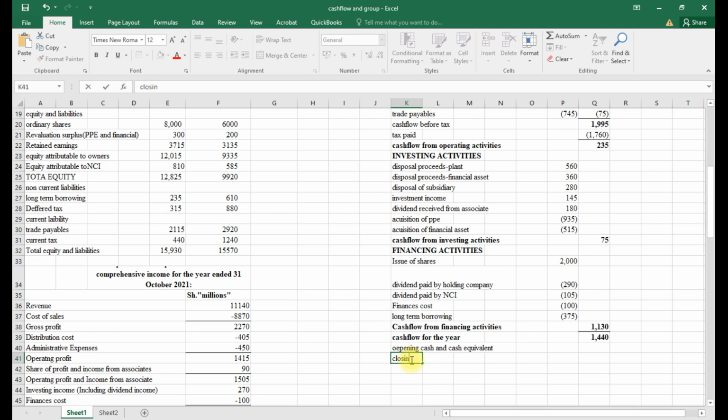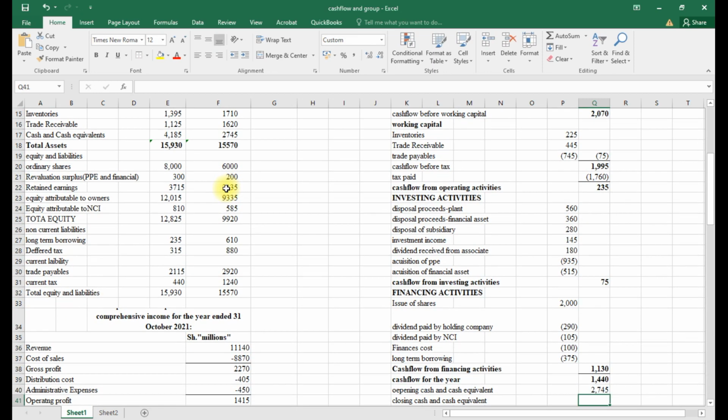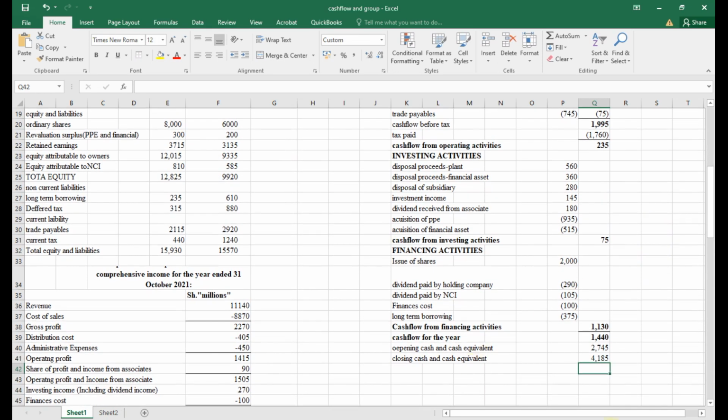So our opening cash, which is our balancing figure here, cash and cash equivalent, at the beginning we had that value, and at the end we had this 4185, and we shall look at it.